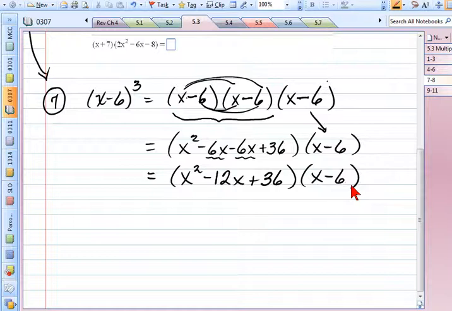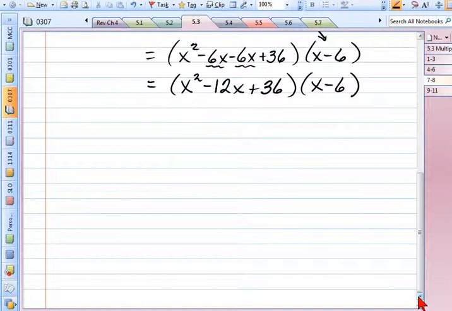Question? No? Okay. Wait, why didn't we do the last one? We're going to. Okay, I just needed to do them one at a time. So I took care of this product, and now I'm going to multiply this times this. I'm not sure, but I think there's one of these on your test.